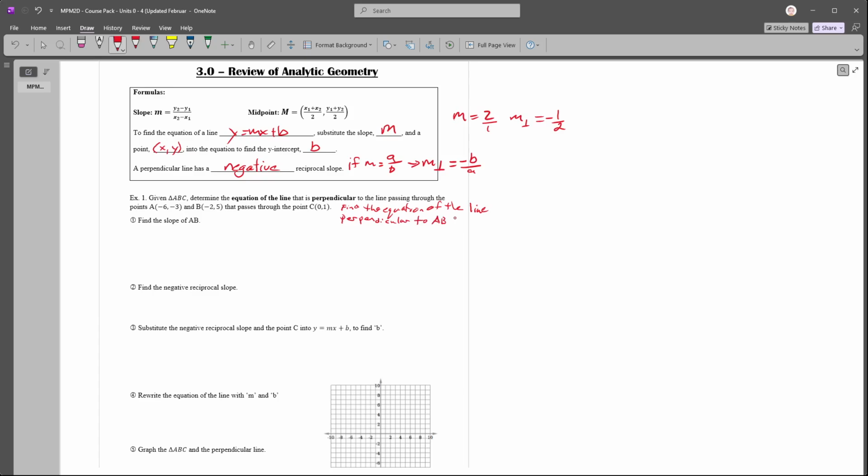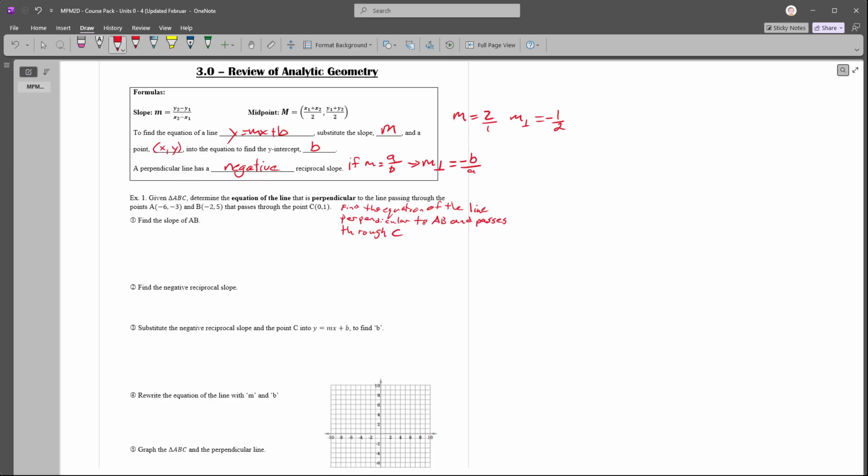Now that perpendicular line will also pass through C. So we're going to say, and passes through C. So with this knowledge, we should be able to get everything we want.